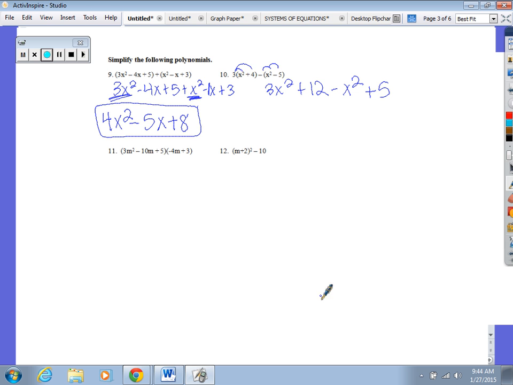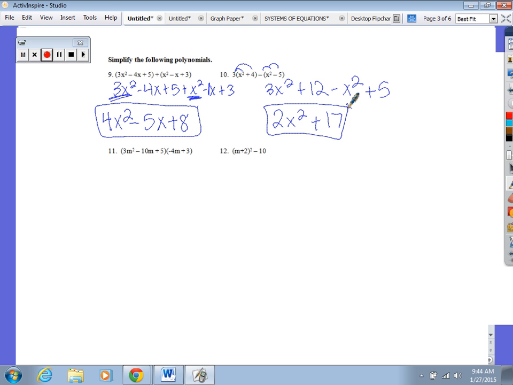I distributed my 3, and then I changed my signs back here. And then from there we can combine like terms. What is 3 minus 1? So 2x squared. 12 plus 5 is done.